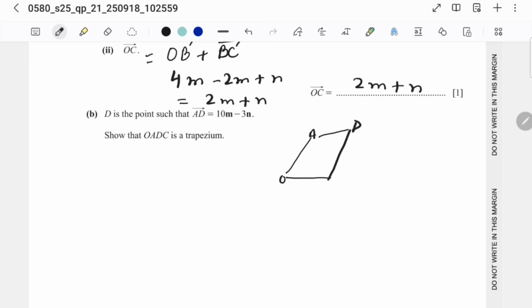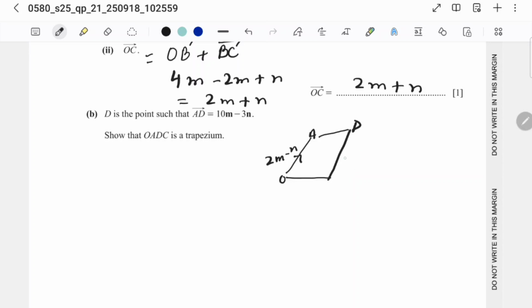So AD is 10m minus 3n. Show that OADC is a trapezium. So we quickly find out the value of CD. We know that OA is 2m minus n somewhere. D can be somewhere in the middle also, wherever.